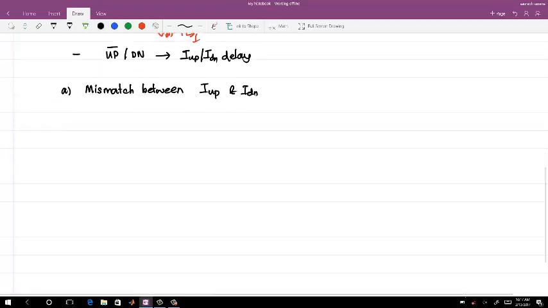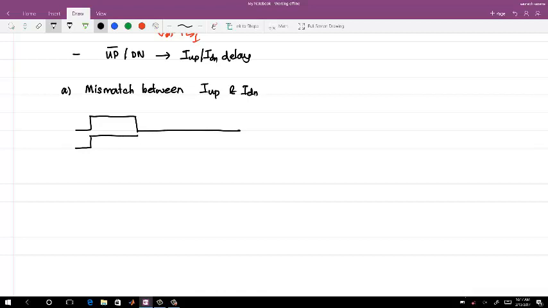Let me right now only plot up and down. If I have up and down of the same pulse T on, which is what I wanted ideally, and now let's assume that I up is greater than I down.